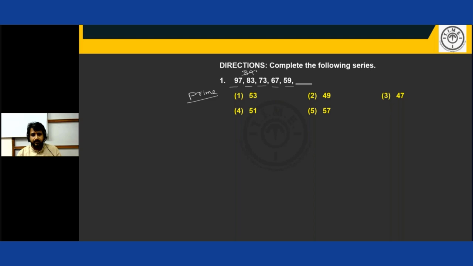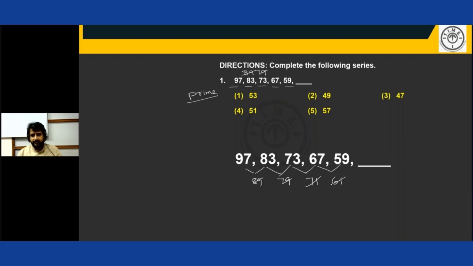83 and 73, which number is missing? 79 is missing. For 97 and 83, 89 is missing. For 83 and 73, 79 is missing. For 73 and 67, 71 is missing. For 67 and 59, 61 is missing. So what will be the next prime number?